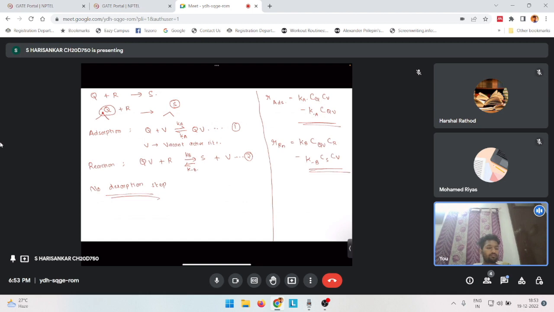Now the concentrations CQ, CR and CS can be written in terms of their partial pressures as well.